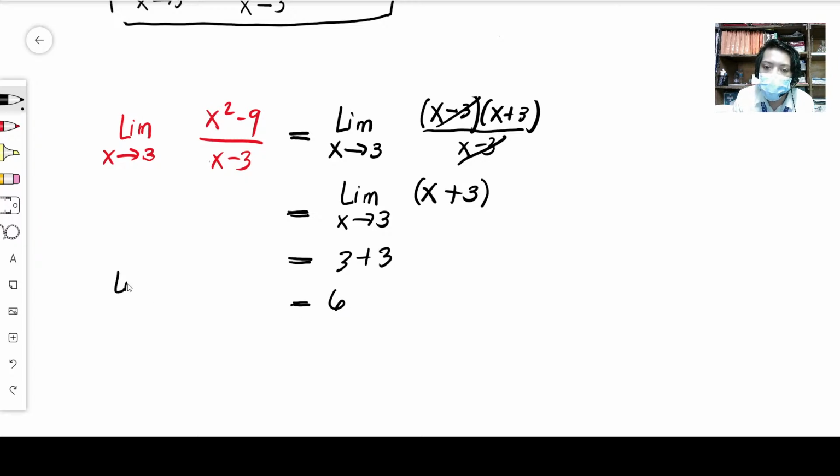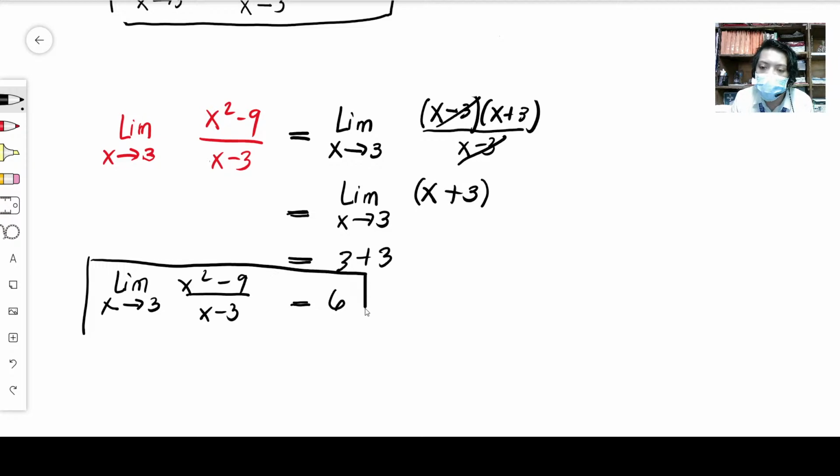See? Therefore, the limit of x squared minus 9 over x minus 3 as x approaches 3 is indeed equal to 6. So, that's the value of the limit.